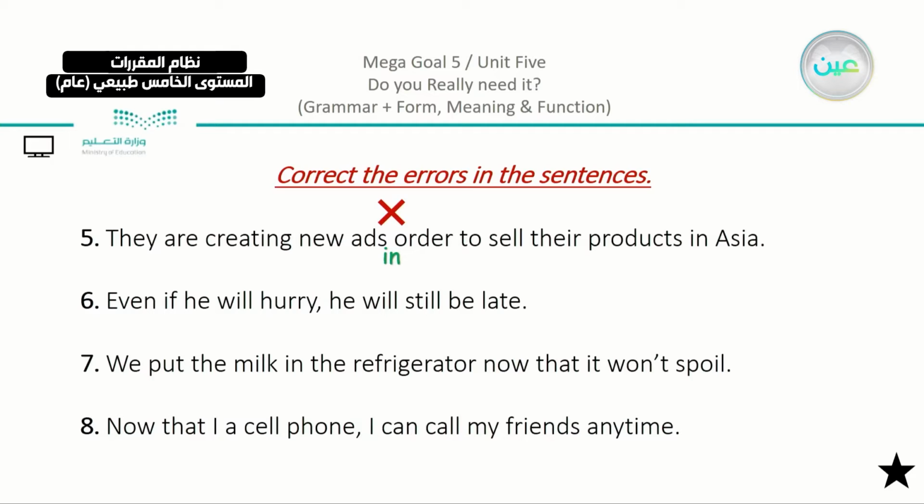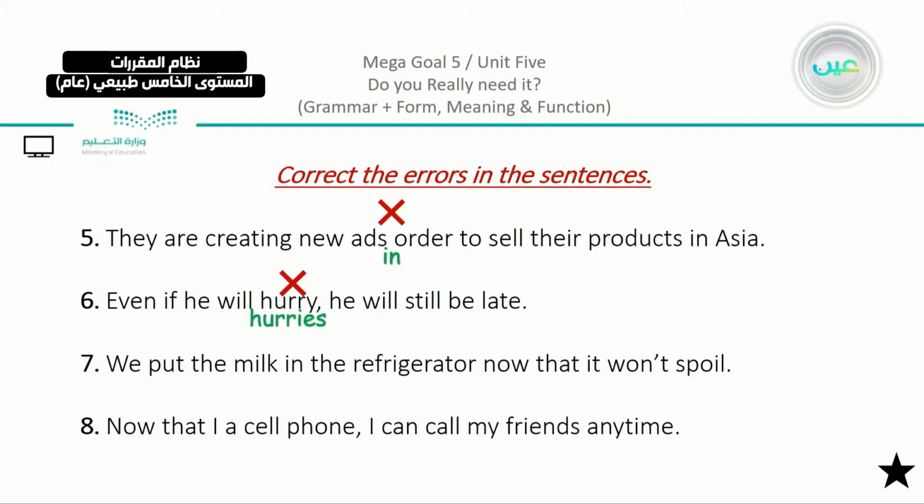"Even if he will hurry, he will still be late." Do you think it's correct to use will in both parts? Will is going to be in a different clause. We have here, even if he will hurry. So instead of using will hurry here, we're going to take out will and just write hurries, present simple.